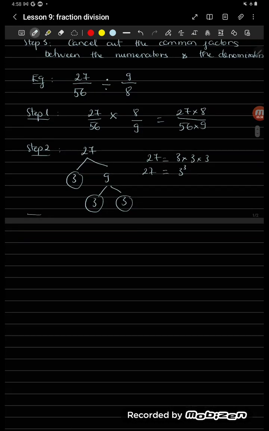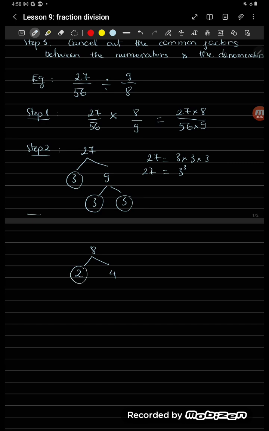Now we go with number 8. So is 8 a prime number? Of course it's not, because 8 is an even number, so for sure it can divide by 2. So 8 can divide by 2, and the answer is 4. And here 2 is a prime number, so you circle it. And 4 is not a prime number, right?